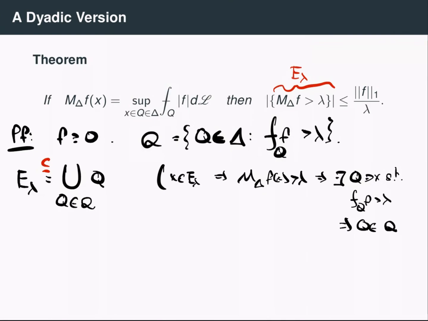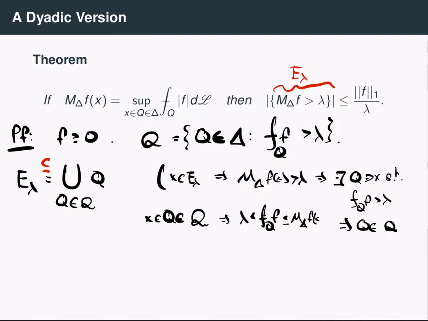Now, furthermore, if x is in a cube Q in my collection, that implies that lambda is at most the average of f on this cube. But recall that the dyadic maximal function is the supremum over all averages over dyadic cubes containing x.